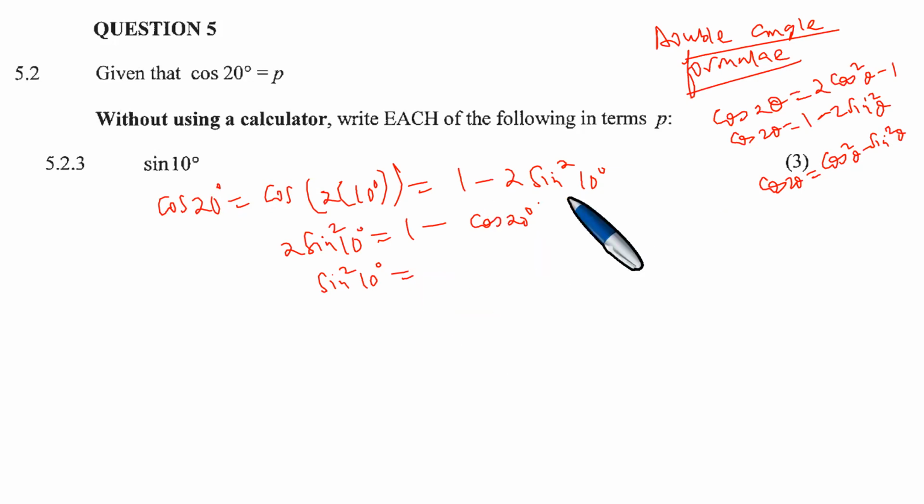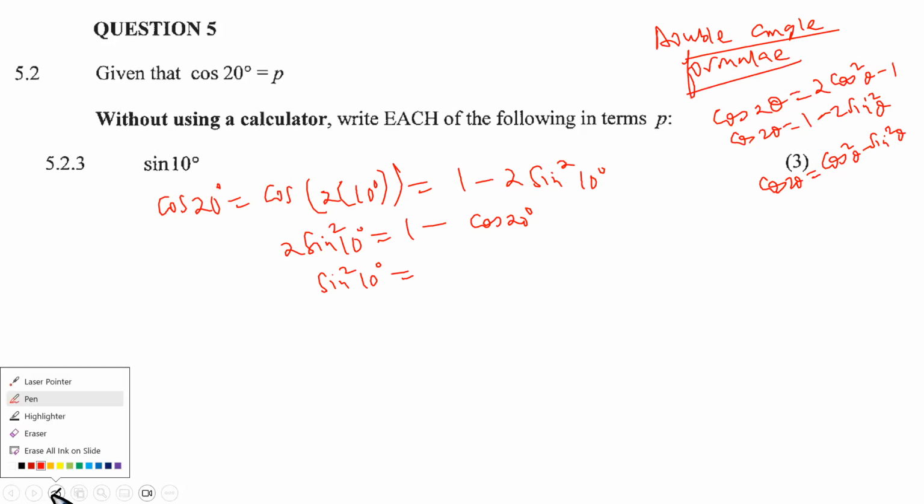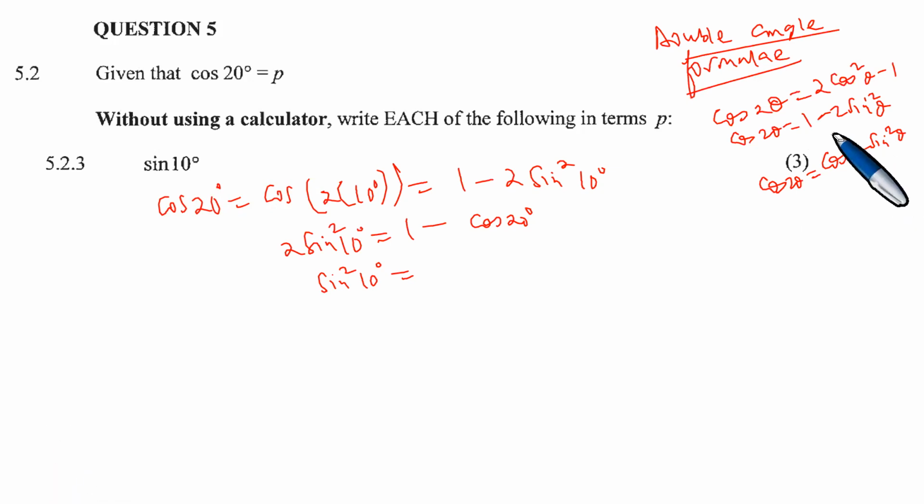Cosine 2 theta has three forms: 2 cosine squared minus 1, 1 minus 2 sine squared, and cosine squared minus sine squared.